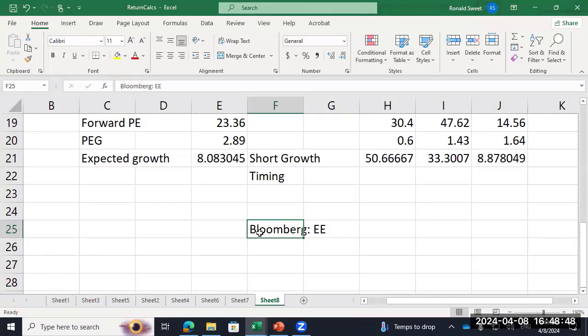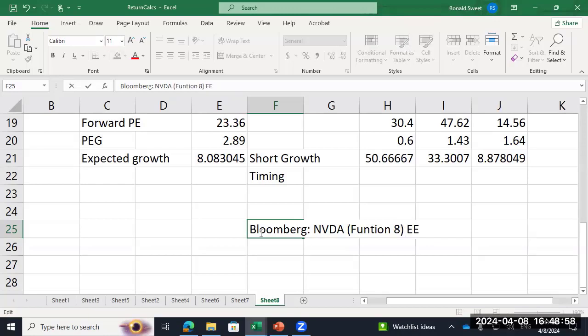If you go on Bloomberg and type in your company, so if we're doing NVIDIA, you then do the function 8, say it's a stock, and then you type EE. Bloomberg will tell you people's forecasts for earnings growth, revenue growth, all kinds of stuff. So you can use that as well. It might be different from what the PEG ratio is saying, because there are different people with different projections.